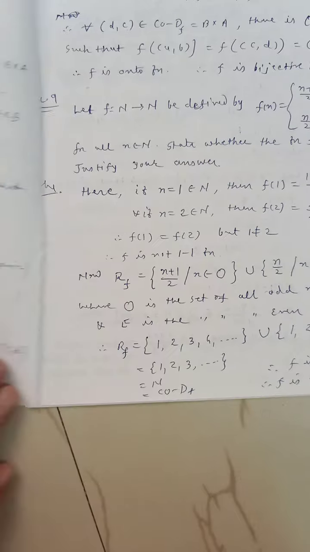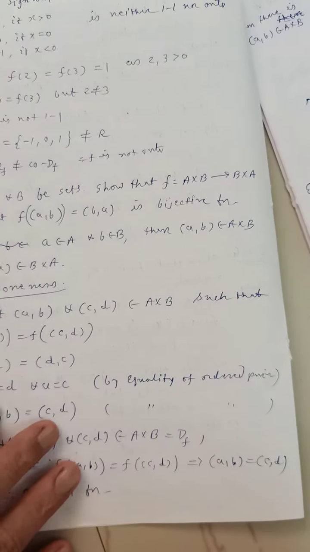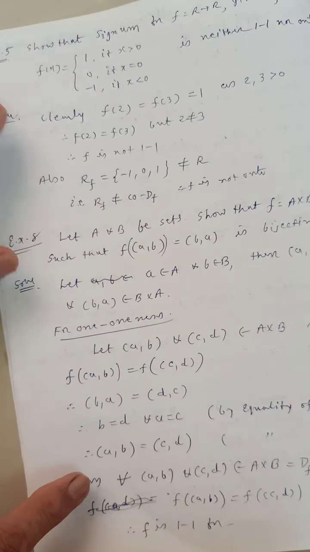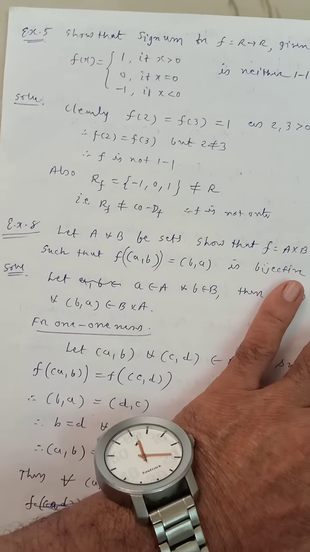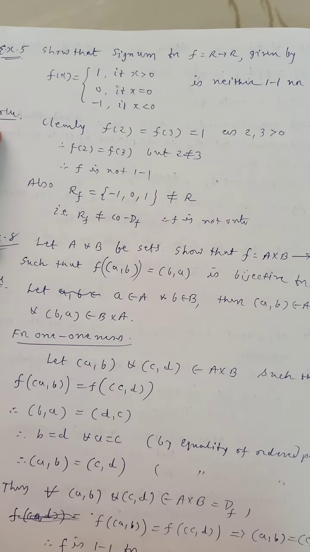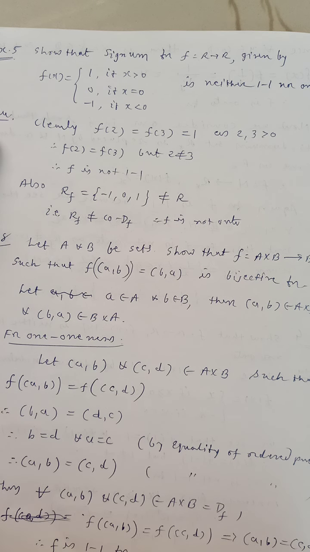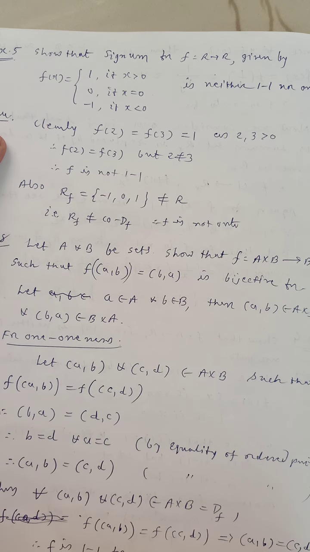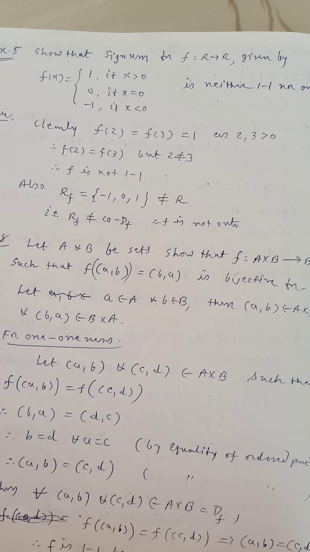Next, example number 5. Question 5. The signum function, which you had last year; if you forget it, let me remind you. f from R to R is given by f(x) = 1 if x is greater than 0, f(x) = 0 if x is 0, and f(x) = minus 1 if x is less than 0.